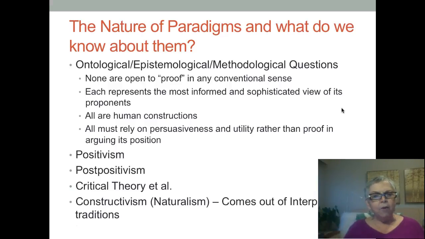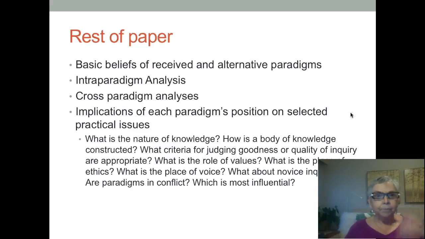And then the fourth category is constructivism, naturalism, which comes out of the interpretivist tradition. So you'll sometimes hear it called constructivism, sometimes naturalism, sometimes interpretivism. They all have a slightly different meaning, but they're very, very close in their characteristics to one another.